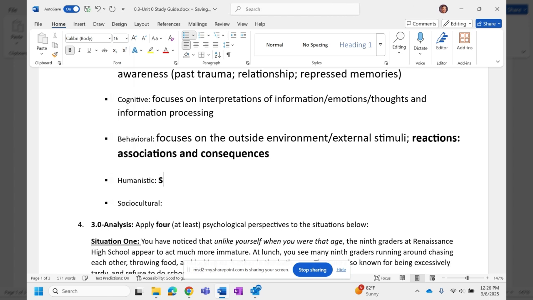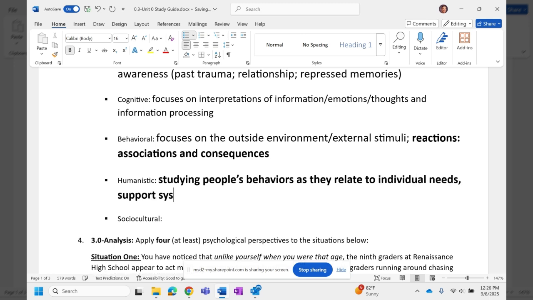Humanistic would be studying people's behaviors as they relate to individual needs, support systems, and or goals for achieving.